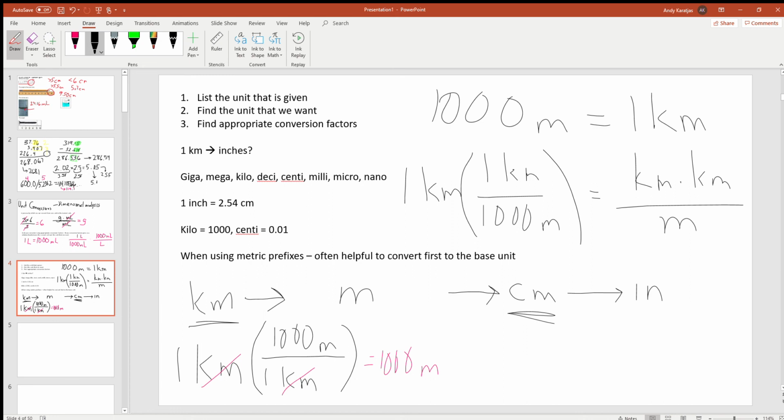The second thing is we would have gotten an answer of 0.001 up here. One of the things we should always think about with any calculation is whether the answer we get makes sense. Given that we know that a kilometer is much, much larger than a meter, it wouldn't make any sense for our number to have gotten smaller.